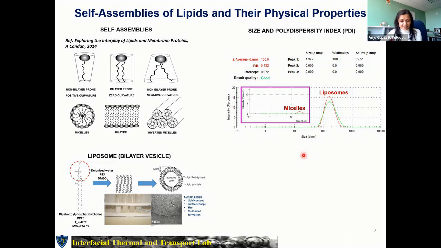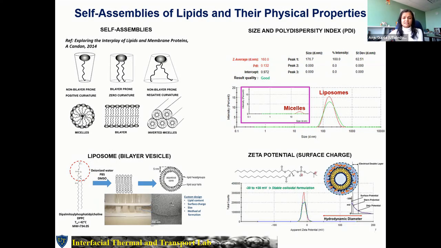The x-axis is the hydrodynamic diameter in nanometers, and these micelles are seen around 10 nanometers, and our sized liposomes are around 150 nanometers. And in the field of liposomes, if your PDI is less than 0.4, it implies that you have a uniformly sized liposome sample.